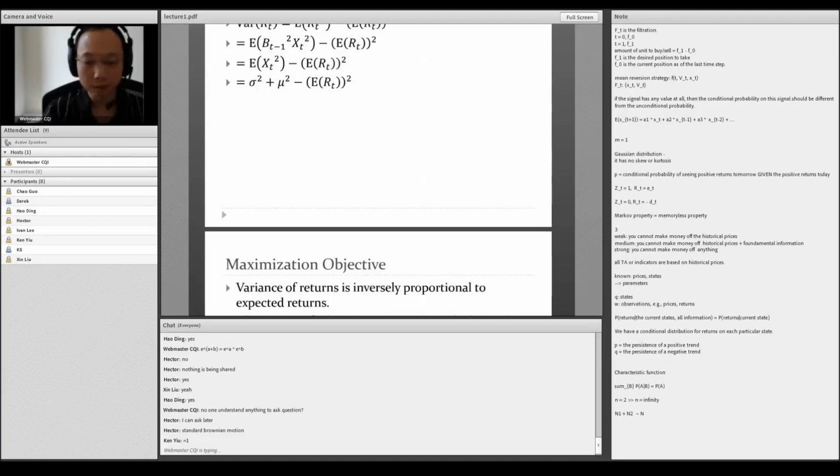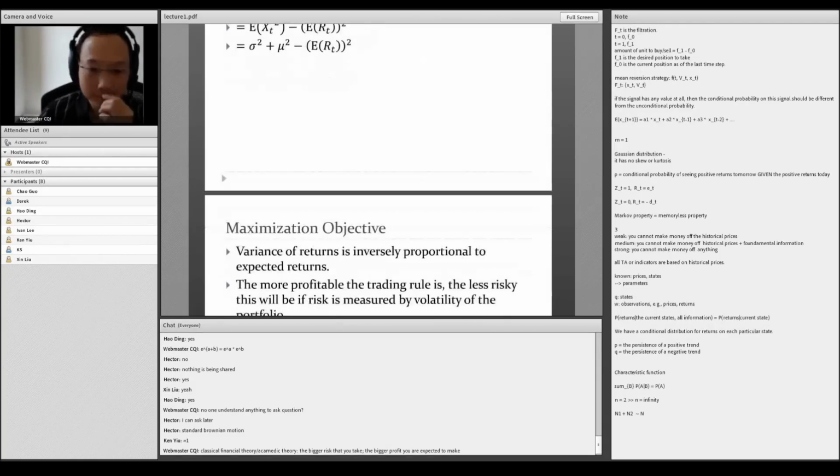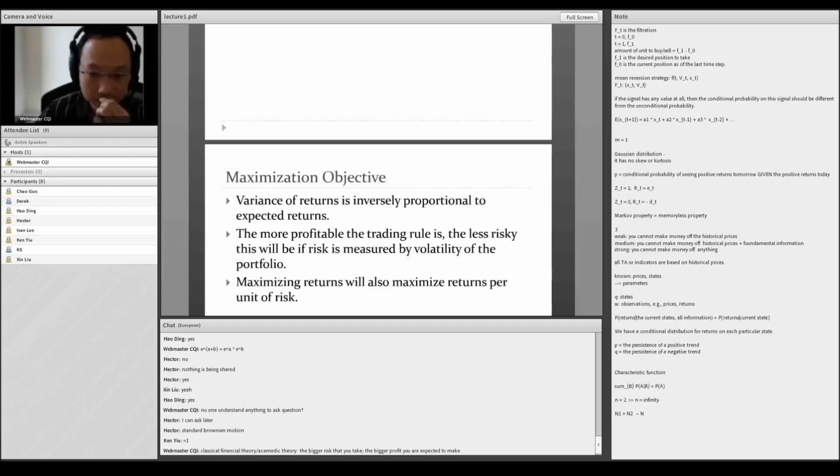But this is not true here. We see that the bigger risk that you take, the less money that you expect to make, because you see the sign is different.